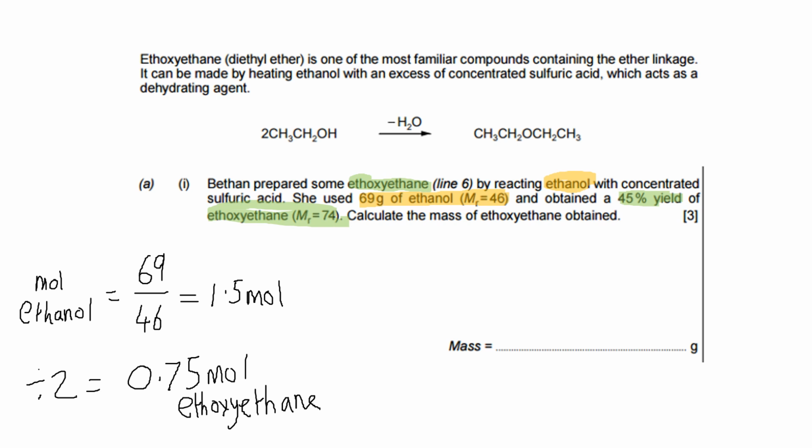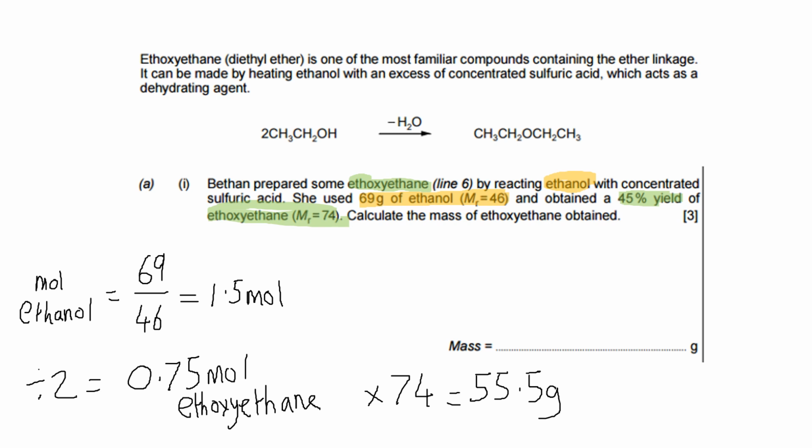We now want to work out the mass of ethoxyethane that could be made, so we times it by its molecular mass, which is 74. And that comes out as 55.5 grams. However, that's not the final answer, because if you look at the question, it says that she only obtained 45% yield. This is what we call the theoretical mass. It's the mass that she could get as a maximum mass, assuming the reaction was perfect with no side reactions, no unreacted starting material, that kind of stuff.